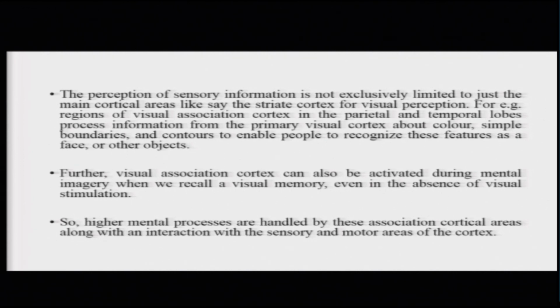For example, if you are listening to me talking to you, there is obviously processing going on in the visual areas which are showing you the details in the video. You are hearing me, so there is also processing going on in the auditory areas. You are probably making sense of what I am saying, and that is being done in the association areas, which are integrating this information over time.